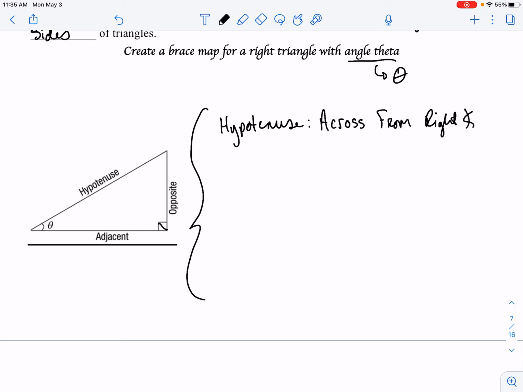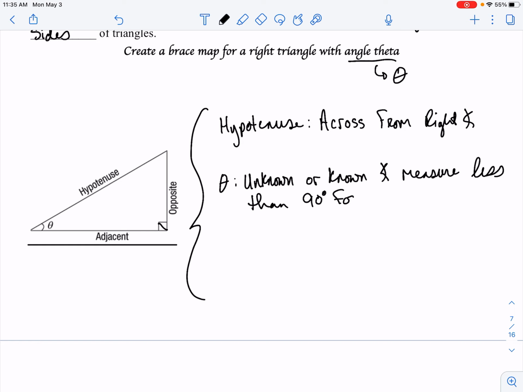Now our other two sides are going to be in relationship with theta. And remember, theta is just an unknown or known angle measure less than 90 degrees for right triangles.